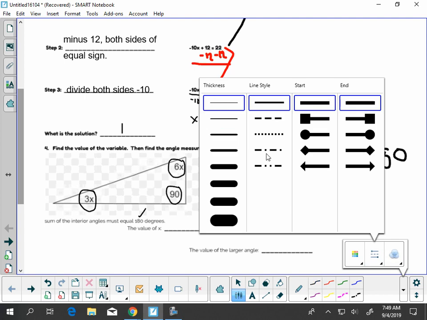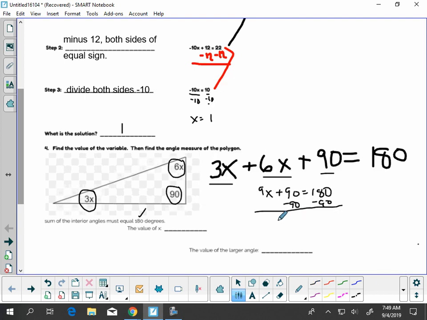And when I subtract that 90, I'm going to get 9x equals 90. Divide by 9. X is 10. So the value of x is 10.